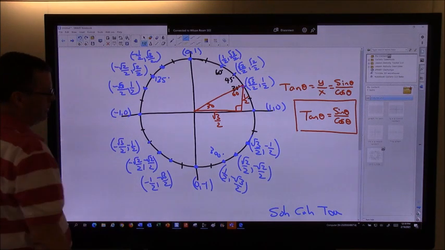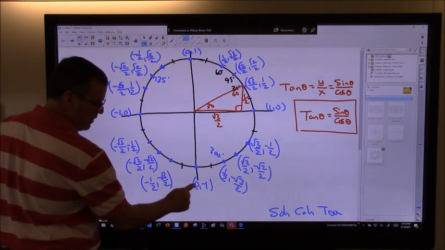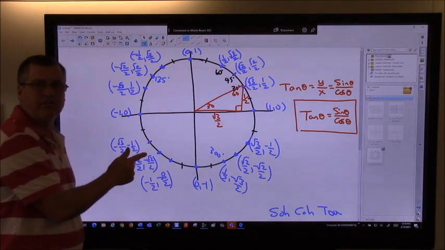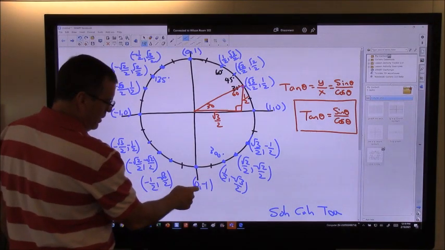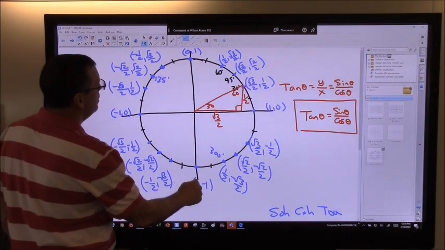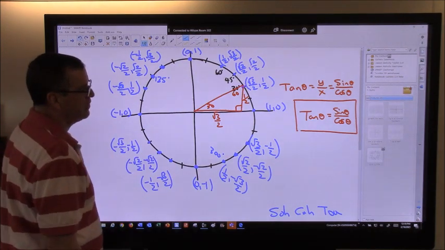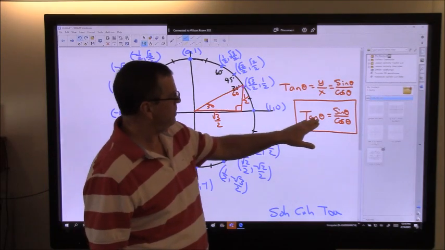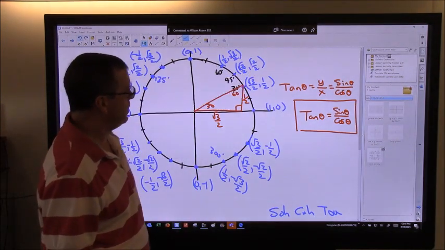Uh-oh. I just divided by 0. That's a problem, right? The tangent is undefined right here. It's also undefined right here. Okay? But I can find the tangent of any of these by just doing the y-coordinate divided by the x-coordinate.